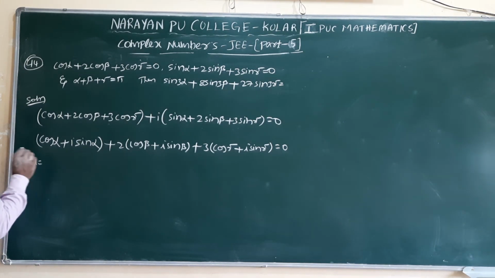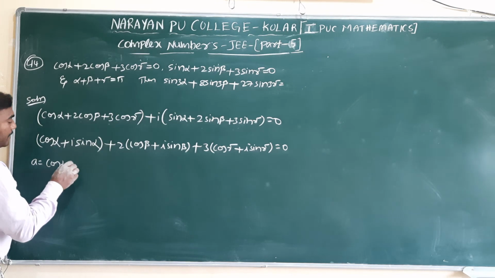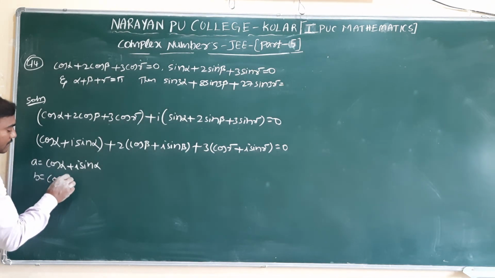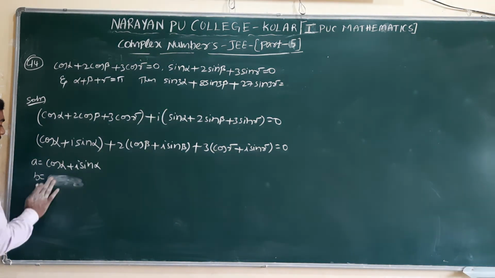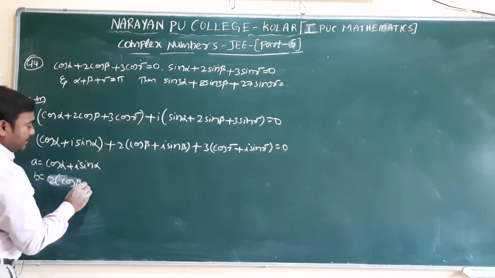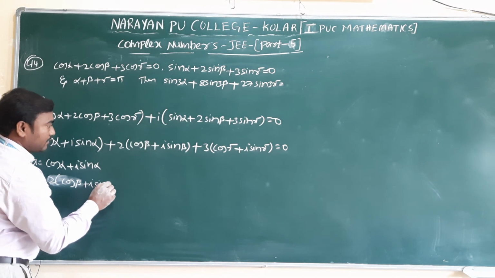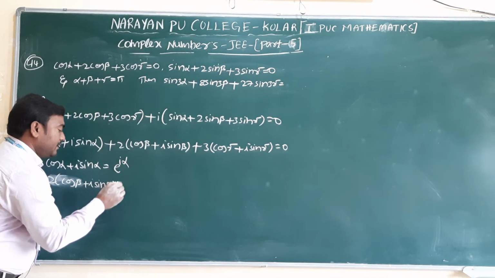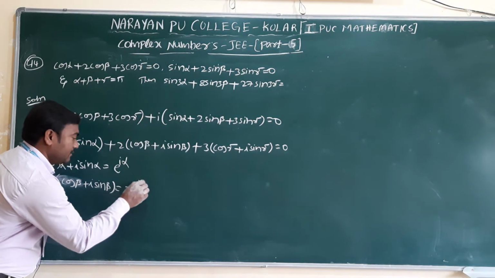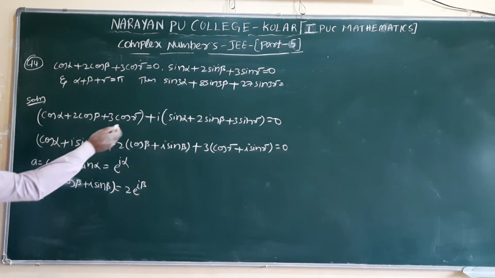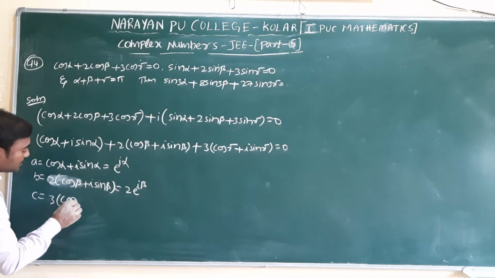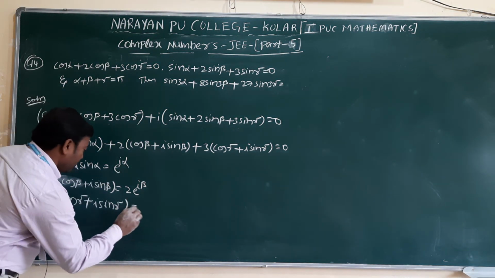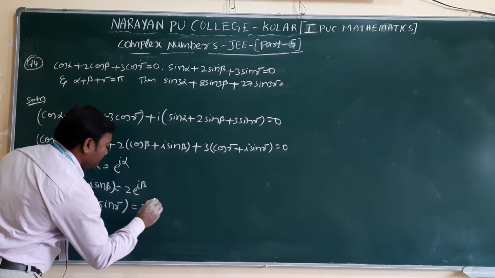Now take a is equal to cos alpha plus i sin alpha, which in Euler form is e power i alpha. b is equal to 2 into cos beta plus i sin beta, which in Euler form is 2 into e power i beta. c is equal to 3 into cos gamma plus i sin gamma, which is 3 into e power i gamma.